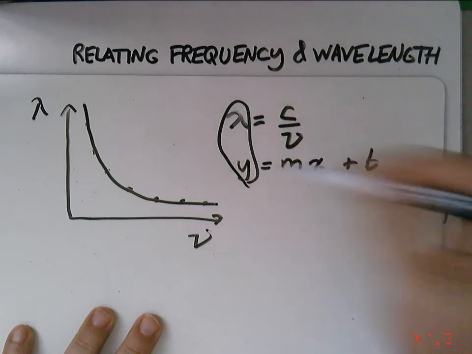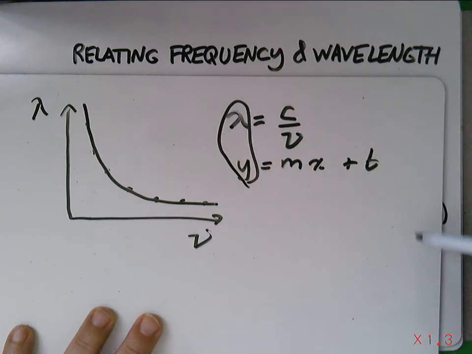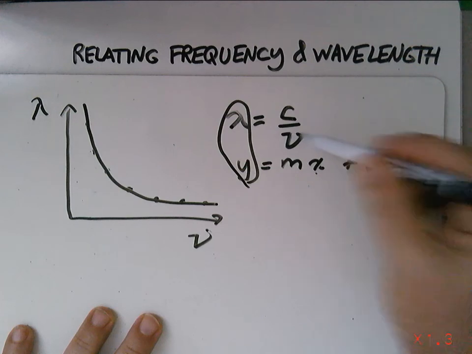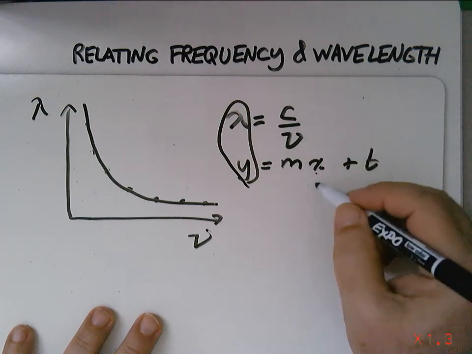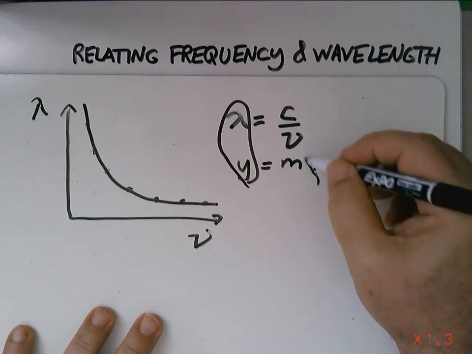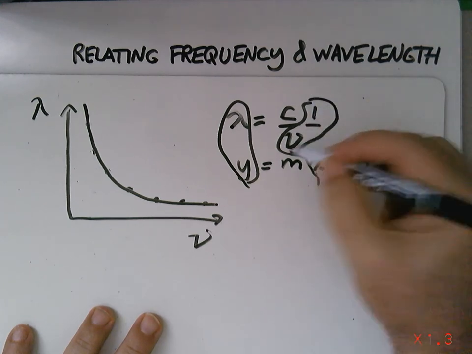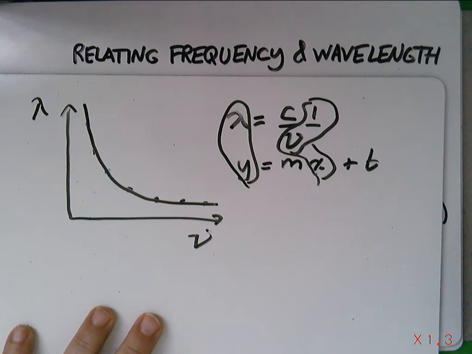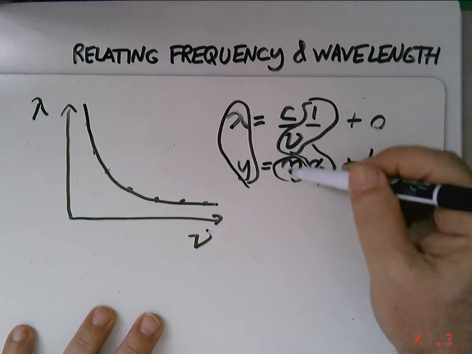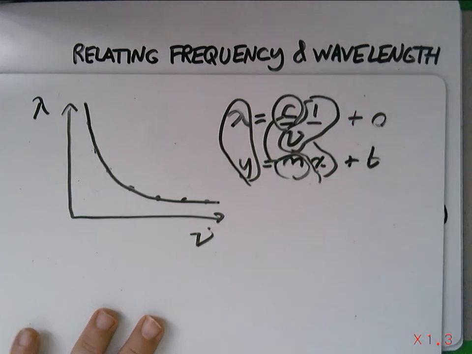Y is the wavelength. What's your x? It would be 1 over nu. That would be your x. And what's your y-intercept? 0. And what's your slope? The speed of light. The slope is the speed of light in this graph.